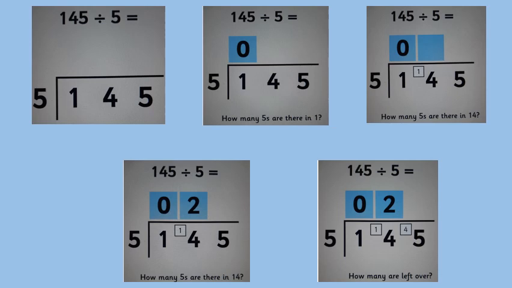So that 4 that's left over goes beside the 5, and there you have the number 45. Then I work out how many groups of 5 there are in 45. And we know 9 times 5 is 45, so there's 9 groups of 5 in 45. And yes, the 9 would go directly above the number 5. That's right.